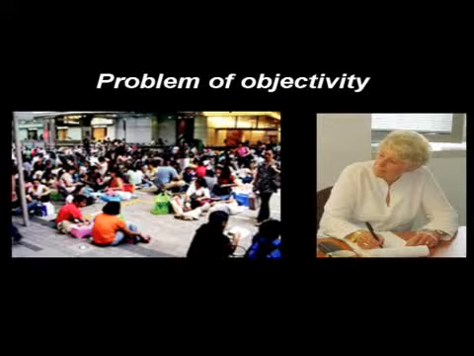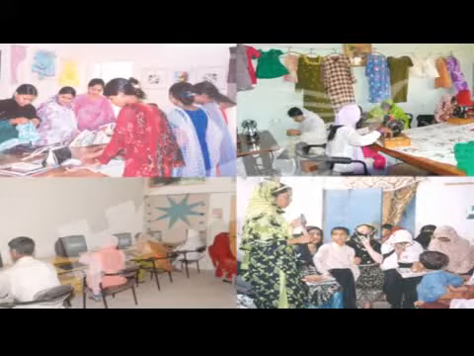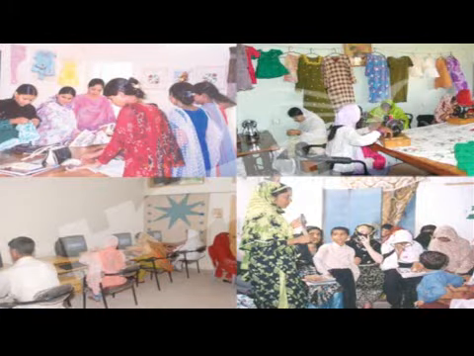The subject matter of sociology is society, which is very complex and enormous, and therefore, we cannot have a single method or a single approach to study it scientifically. Different sociologists have developed different methods and different approaches, which we are going to learn in this class.